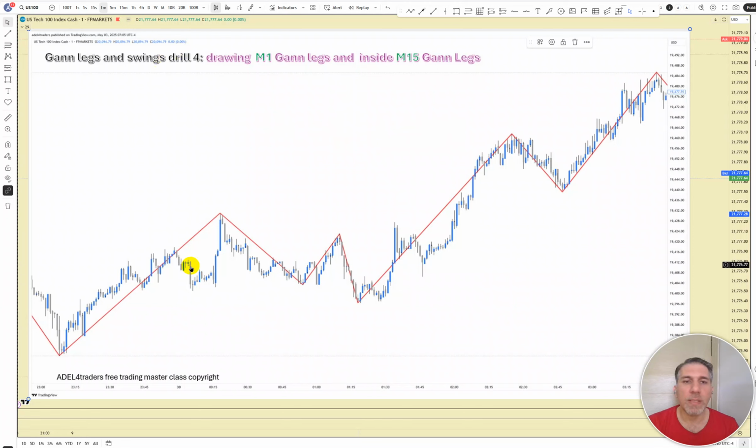This time, we are going to have the GAN leg of 15 minutes, and we're going to plot M1, or 1 minute, GAN swings. Bear in mind that on the live market you cannot see this leg formed until at least we have the 15 and 1 minute candles.